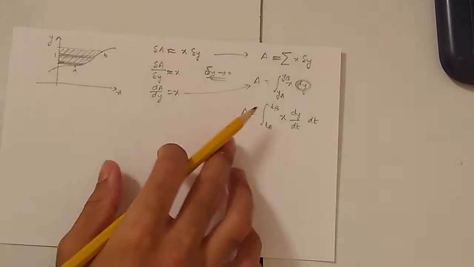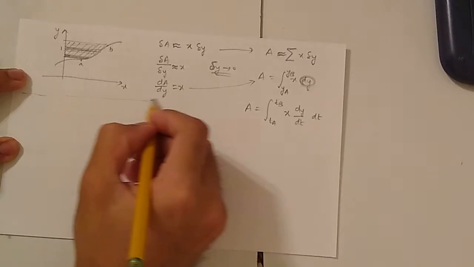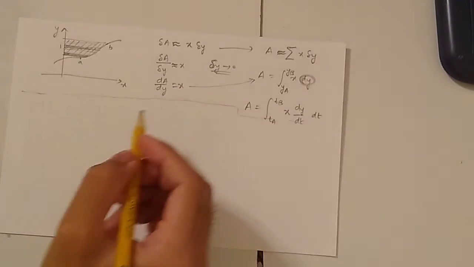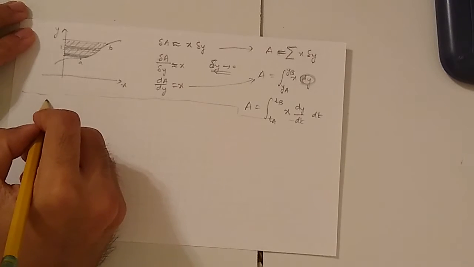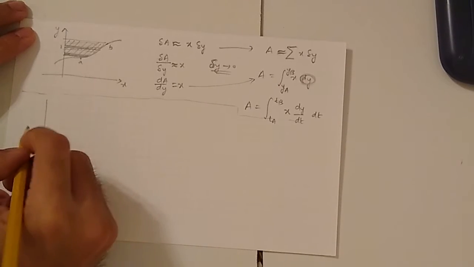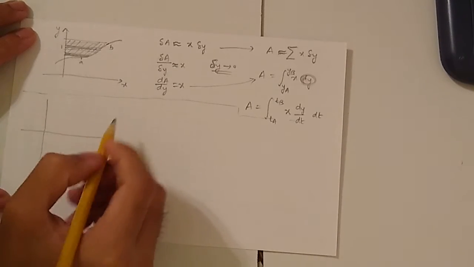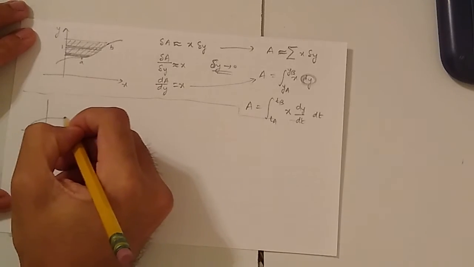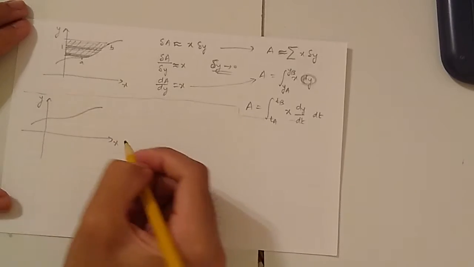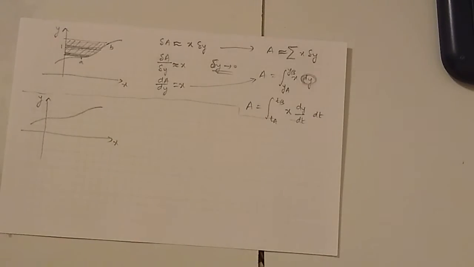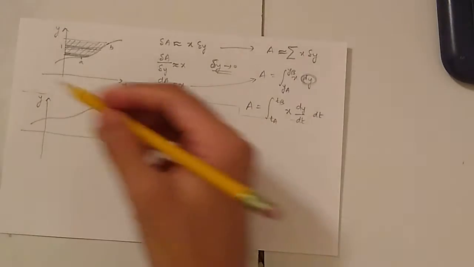Now let's move on to the topic we are concerned with in this section. In this section we'll be discussing volumes of revolution. In other words, let's say that you have the same curve y equals f(x), and you're going to revolve this curve around the x-axis.